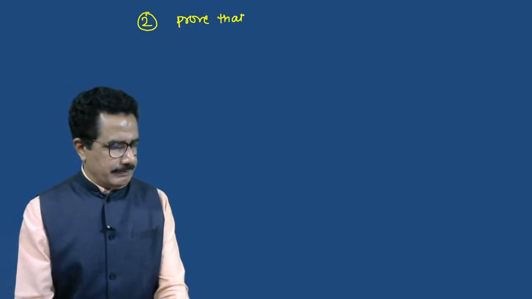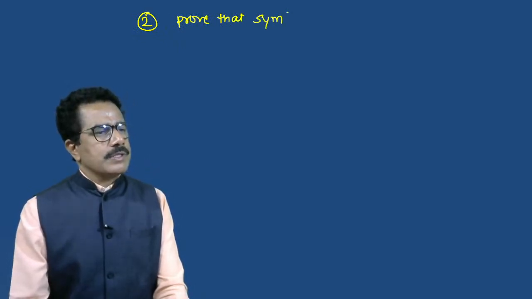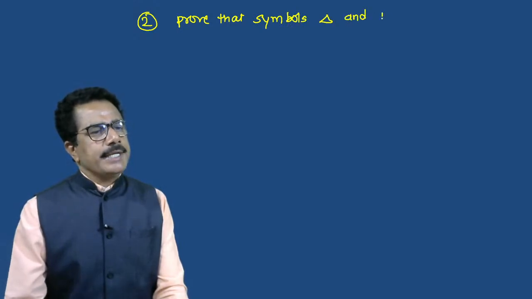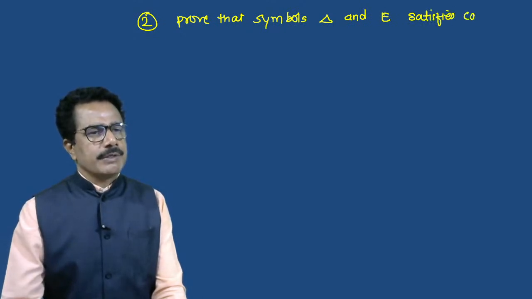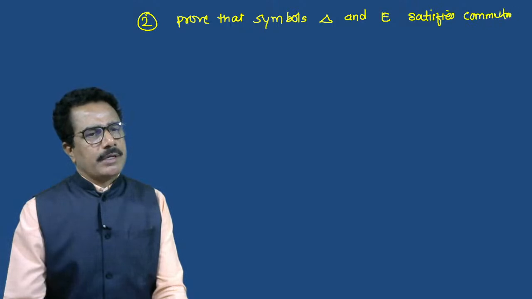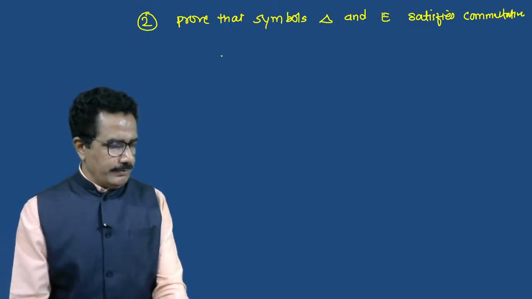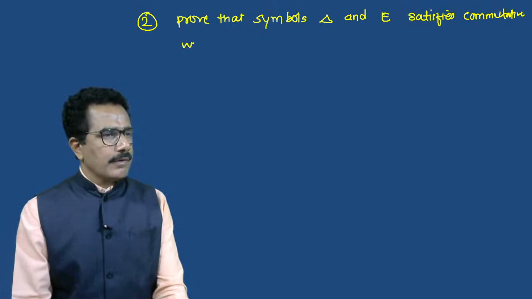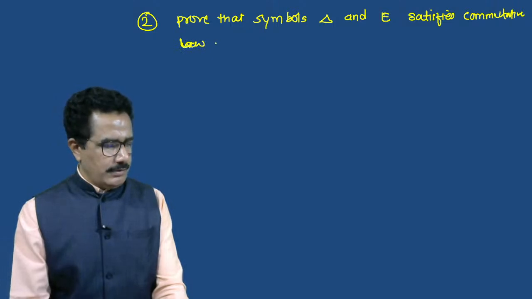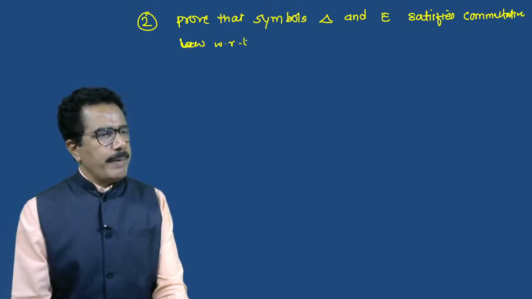Prove that the symbols delta and E satisfy the commutative law with respect to constant only.